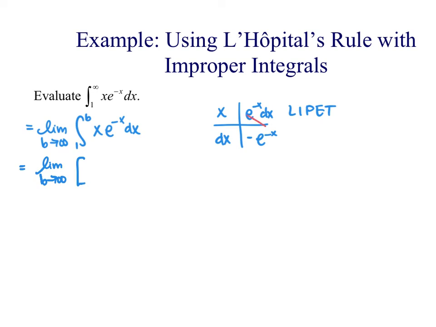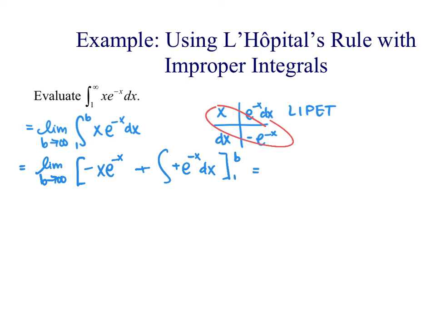So negative x e to the negative x minus the integral of negative e to the negative x dx. And so let's just take care of that and have plus, and our bounds are 1 to b.